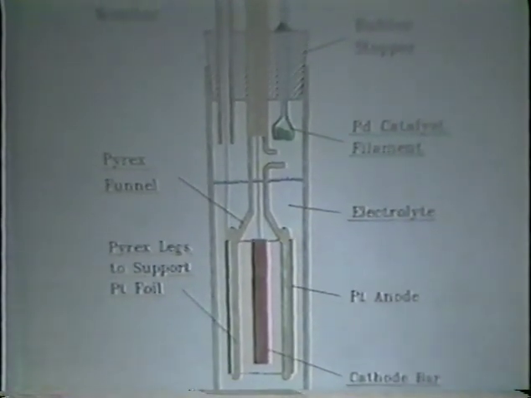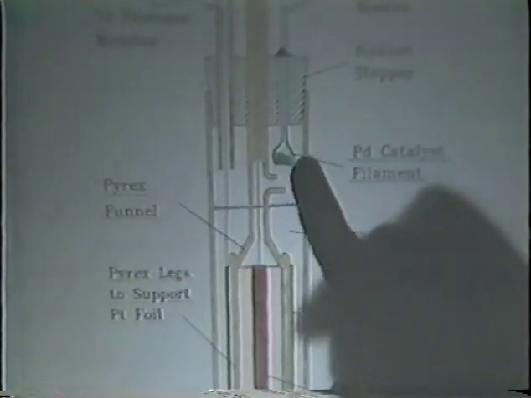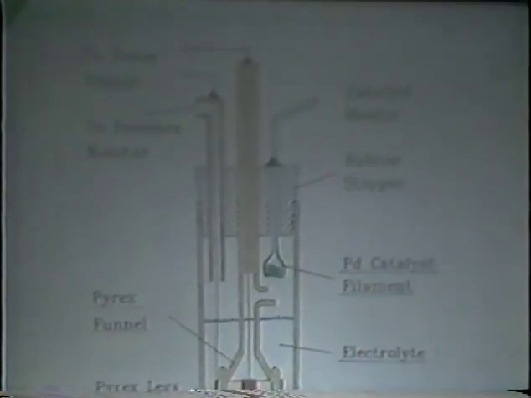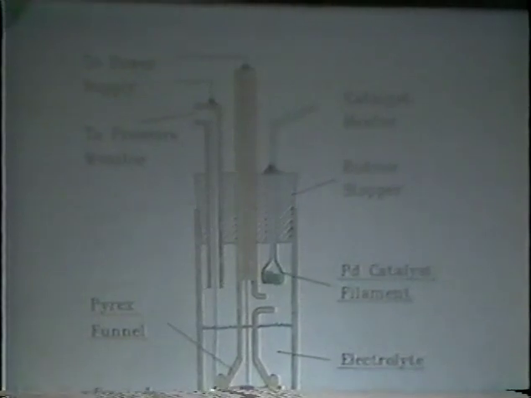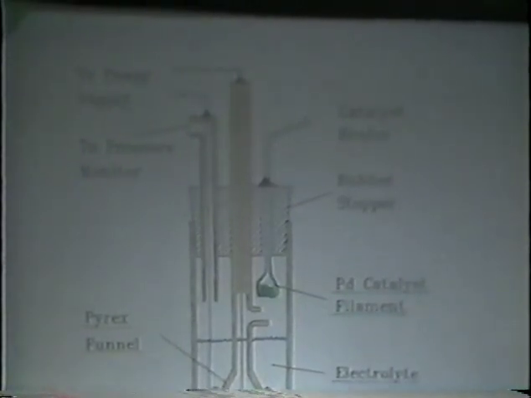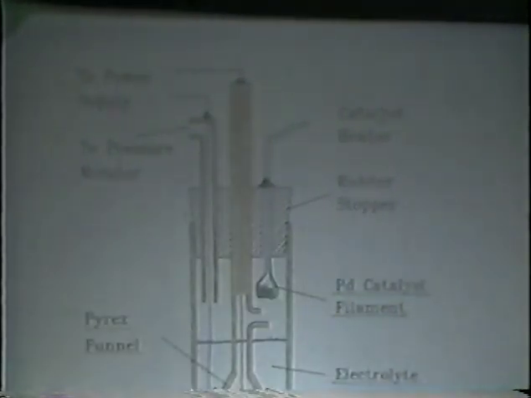To start up the cell, we have a fine palladium wire, which we can pass a current through. We turn it on until the filament glows orange hot, and then we turn on the electrolysis current. We generate gases which pass up, and the D2 is funneled directly onto the palladium wire.